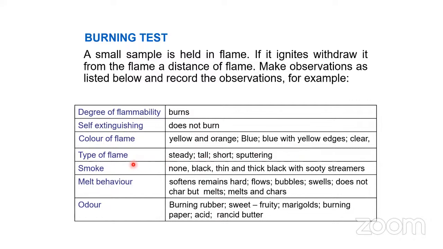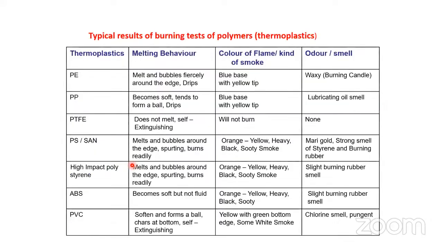Then type of flame, whether it is steady, tall, short, or sputtering. Then type of smoke, then melt behavior of your polymeric material, and the last observation is the odor, which is the smell of the burning.